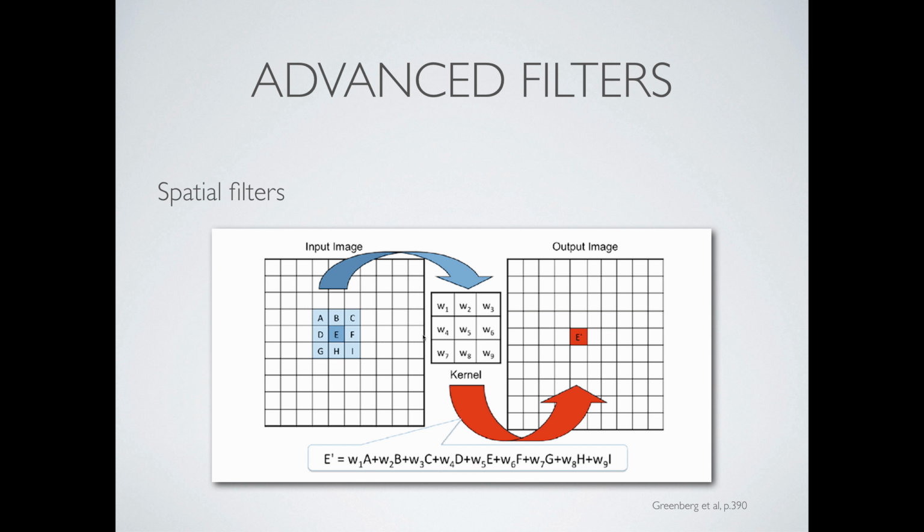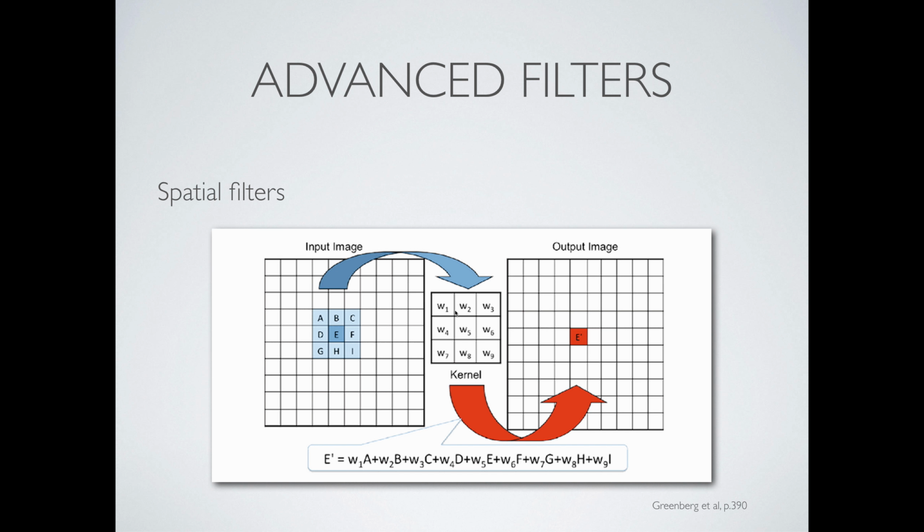The way we calculate the value of the output pixel E dashed is it's the value of the first number in the kernel matrix multiplied by the value of the pixel up here, pixel A, which is one of E's neighbors, plus the value of W2 times pixel B, which is the pixel immediately above our pixel E, plus W3 times C, plus W4 times D, plus W5 times E. So we include the value of the original pixel as well as its neighbors.